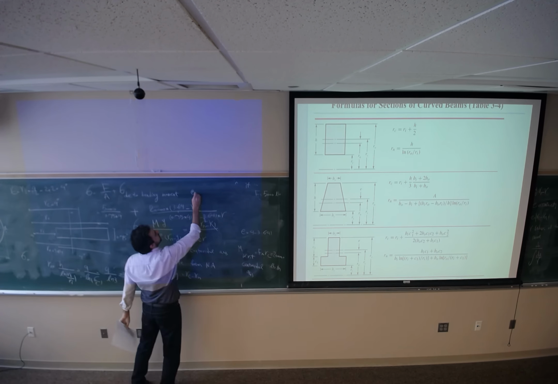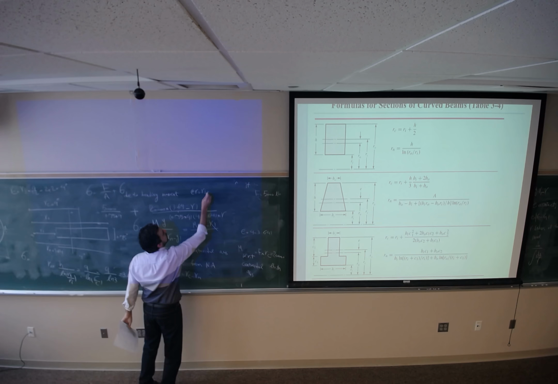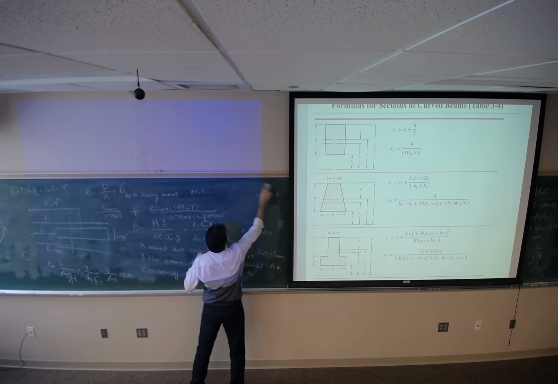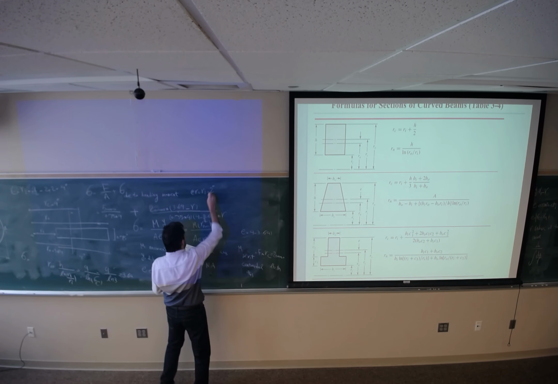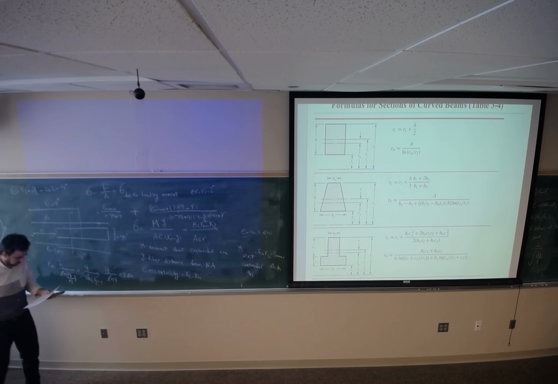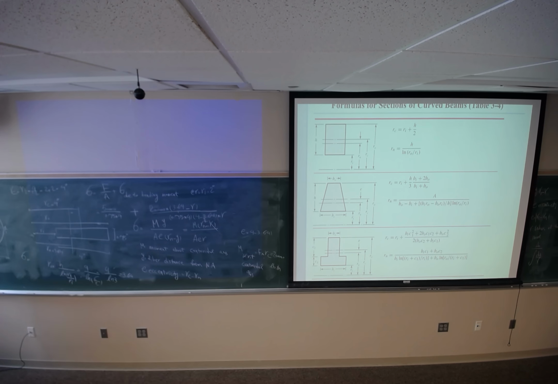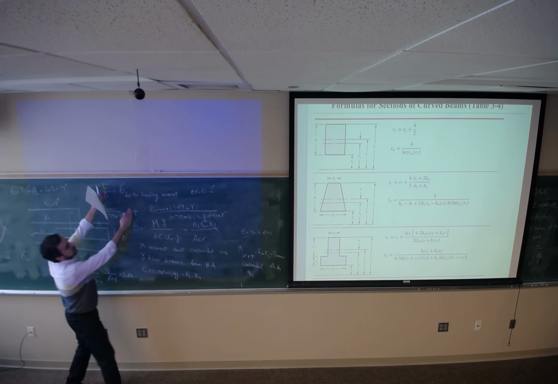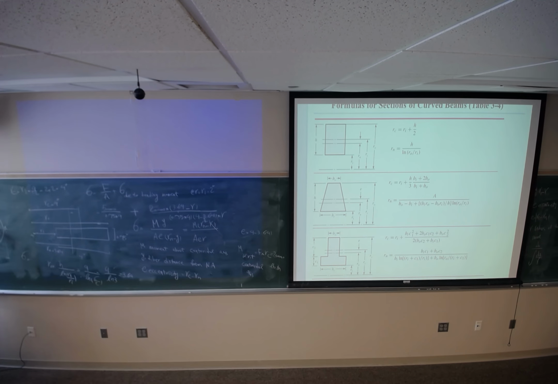At R equals Ri, which is 2 inch, this is the inner point. Is it tensile or compressive due to this? Tensile. It tries to straighten the beam, so this part is going to be tensile.